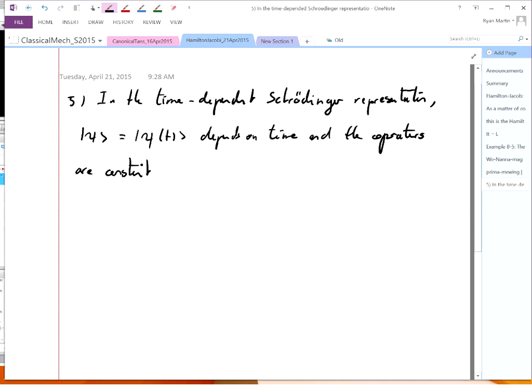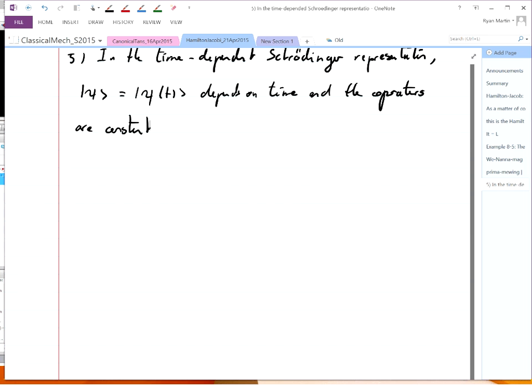So in the Schrödinger representation, I have an operator that tells me the position of the system, and that operator is the same no matter what time it is. However, the wave function that describes the system changes with time, and the Schrödinger equation tells you how that wave function changes with time. Whereas in the Heisenberg representation, you want to know how the operators change with time. Okay, so that was quantum mechanics in 10 minutes.